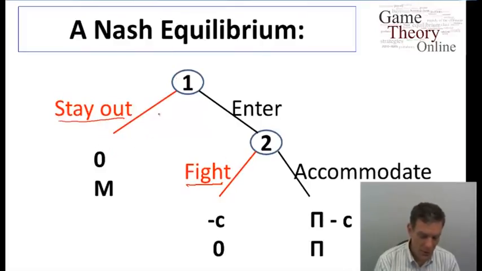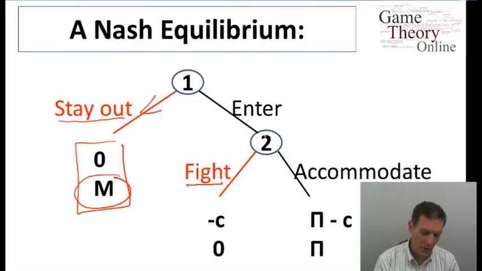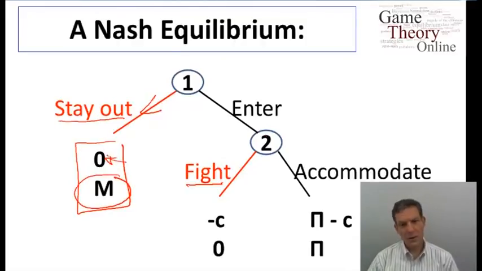We end up with the profits here of the monopolist profits for the existing firm and nothing for the possible entrant. Okay. Well, is this a sensible prediction in this market? It depends on what our beliefs are. Do we really believe that the second firm would fight if the first firm entered?